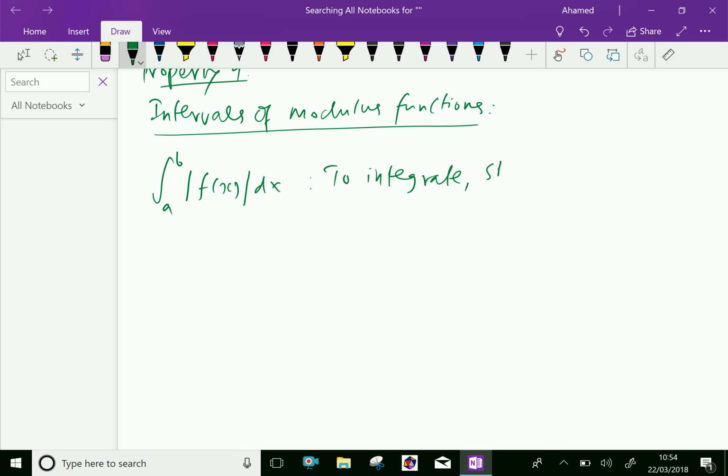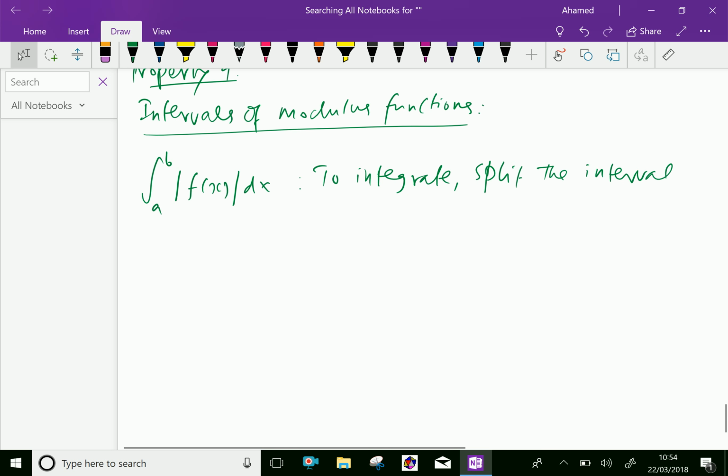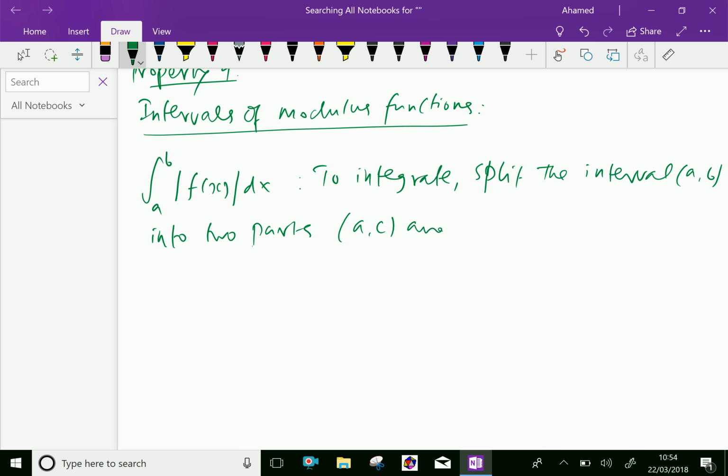split the limits, split the interval a to b into two parts, that is a to c and c to b. Means we are introducing intermediate limit c in between a and b.